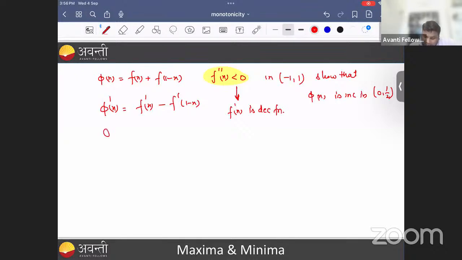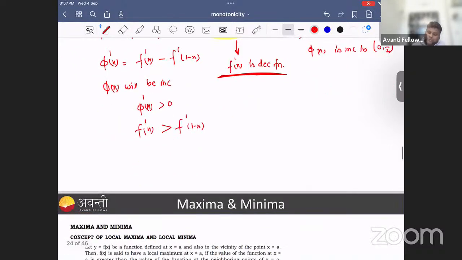See, phi x will be increasing if phi dash x gets positive. Means f dash x is more than f dash of 1 minus x. Now f dash is a decreasing function. If f dash is a decreasing function, so when you remove function f dash, the sign of inequality will change. So x less than 1 minus x, so 2x less than 1, so x less than 1 by 2.